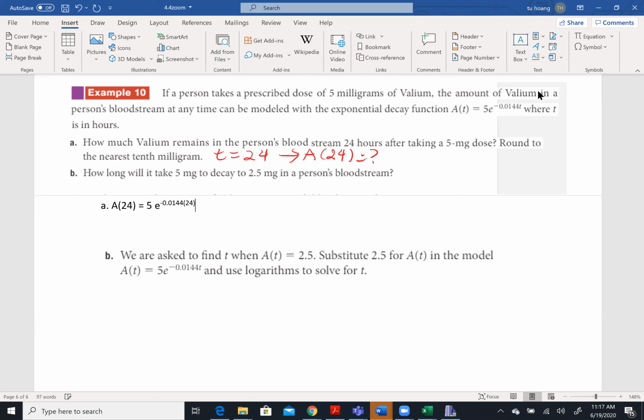Okay, so you will have equal to 5. You know what? I'm gonna use the calculator here.